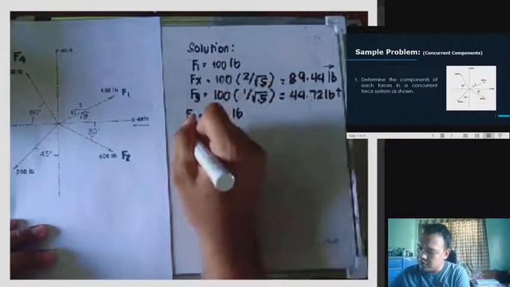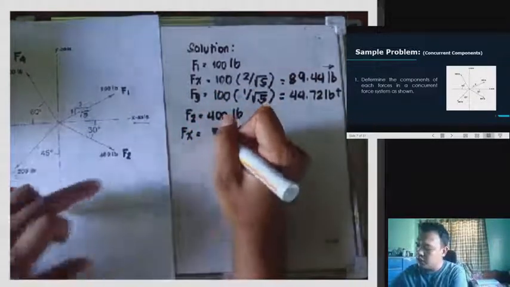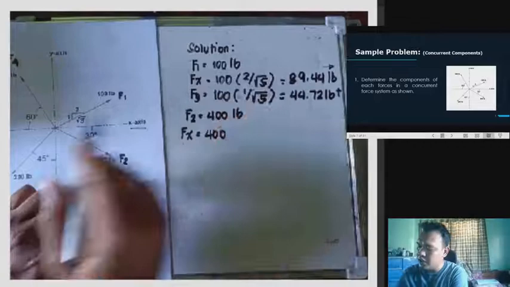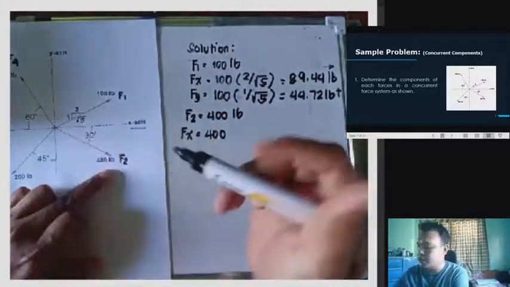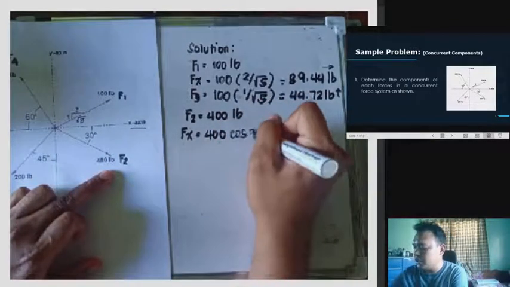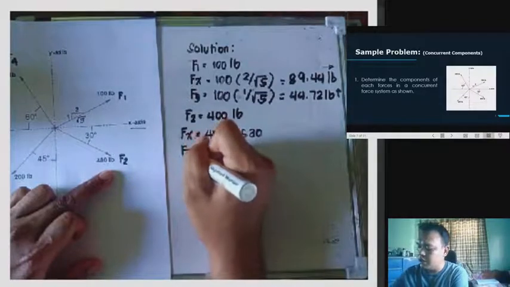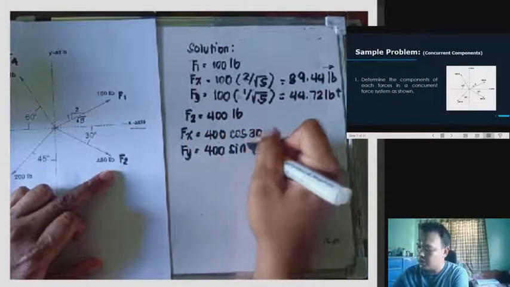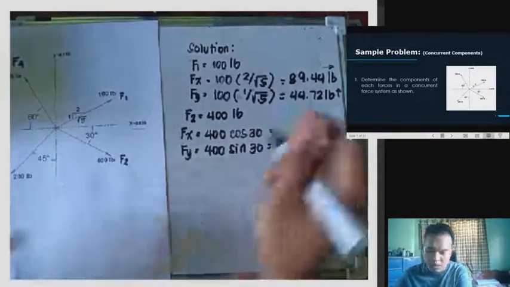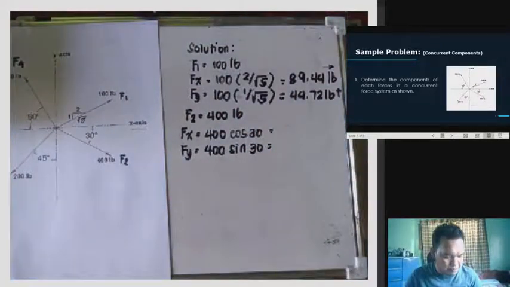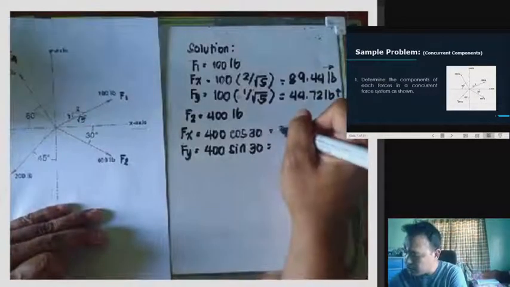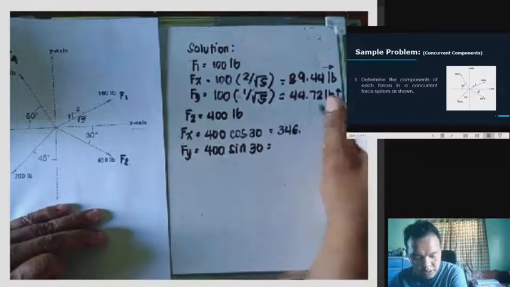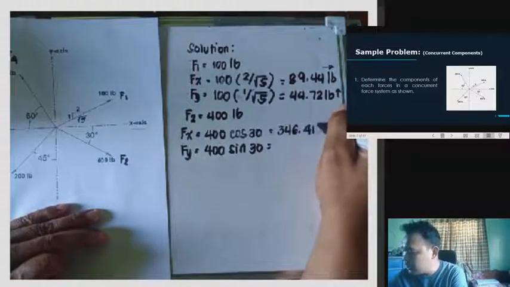Fx of F2 is equivalent to 400. So, our x is this, so it's cosine. Cosine 30. Then, Fy for F2 is equivalent to 400 sine 30. So, let's just compute. 400 cosine 30 equals 346.41 pounds.